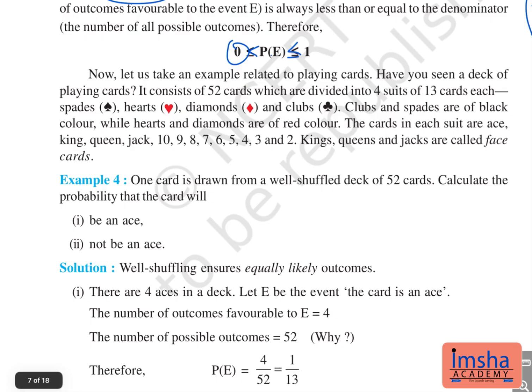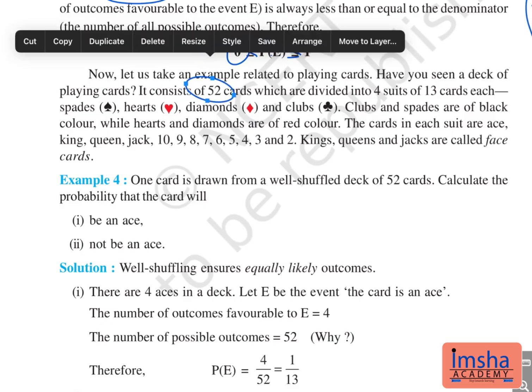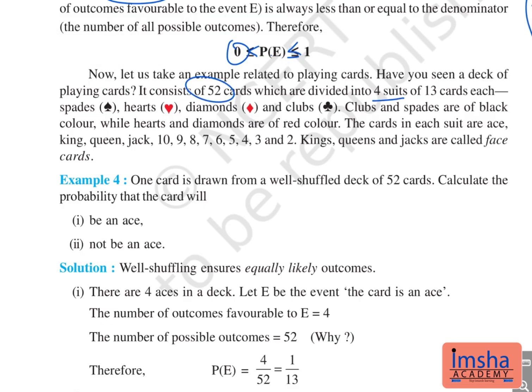Now there are some examples or questions on cards, club cards, spade cards. You know there are 52 cards in a set, which is divided into 4 suits, that is 13 cards each: spade, heart, diamond and club. Club and spades are of black color, and the other two are of red color.